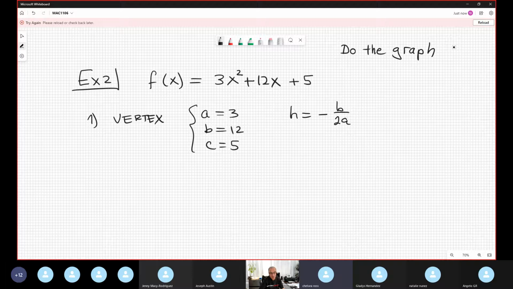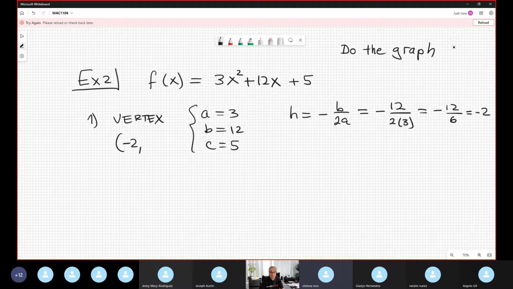And k is a little bit more complicated, but don't worry too much. Now, plugging in: minus, the formula has a minus, b is 12, and 2 times a, which is 2 times 3, which is 6. So, minus 12 divided by 6 is minus 2. I know then that the vertex is minus 2, something.